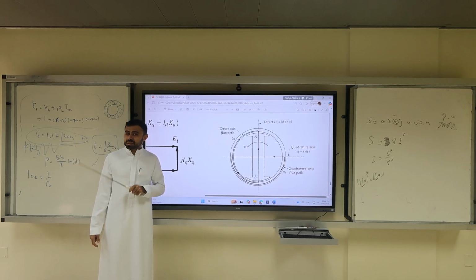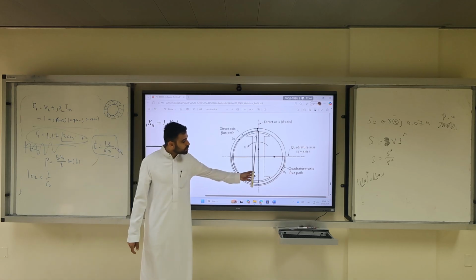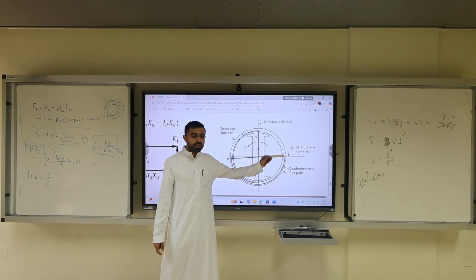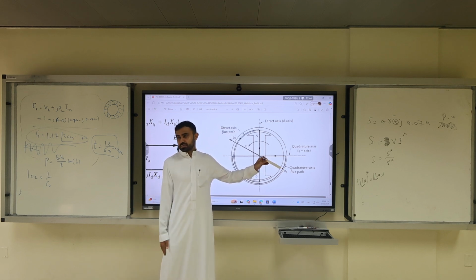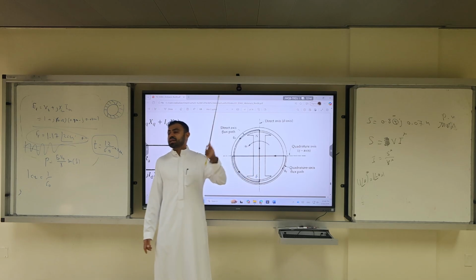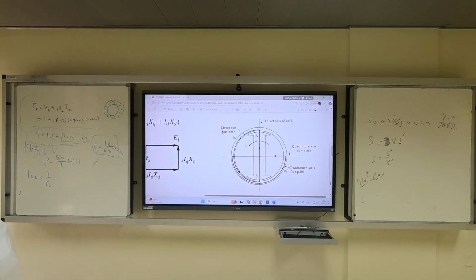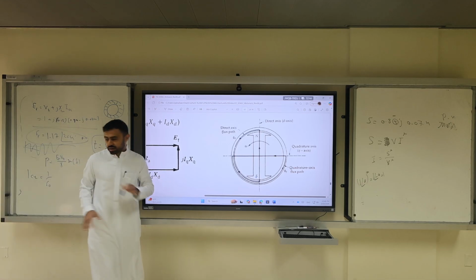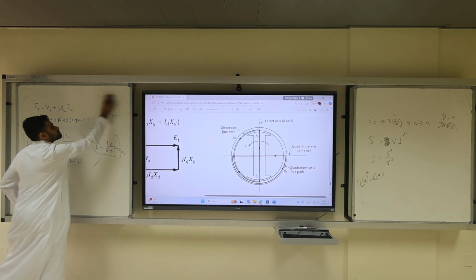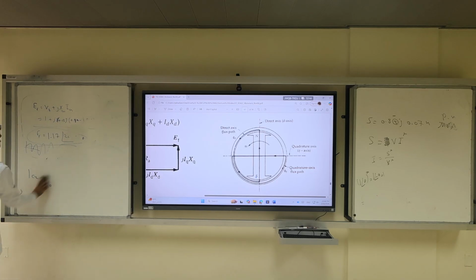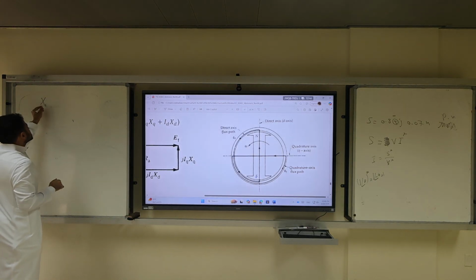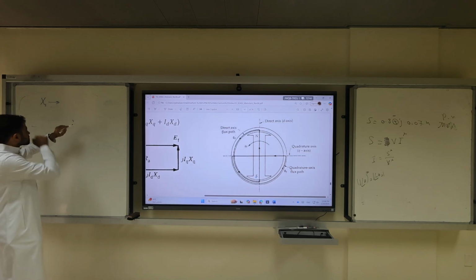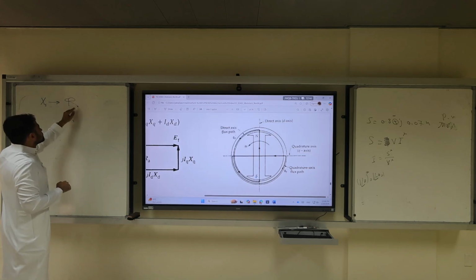Because my X_s, if I'm at this position, would be different than X_s if I'm at that position. So X_s will change. What is X_s, if you recall? This is not required, I'm just trying to explain the concept. X_s is a function of the reluctance, right?